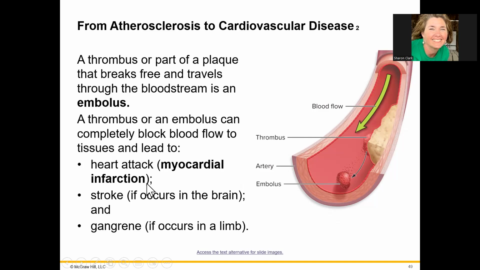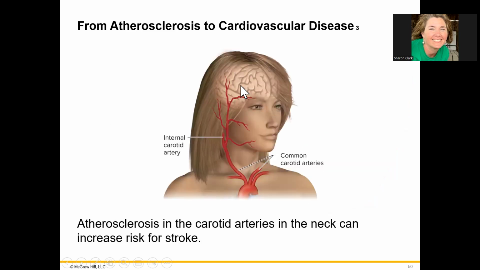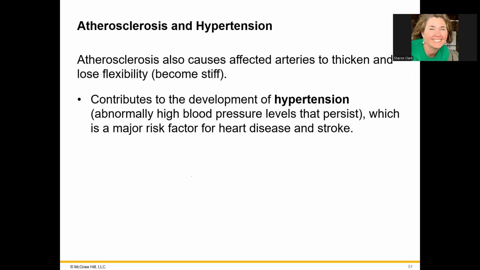This term infarct means death due to blood flow loss. It can occur in the small arteries in the brain, which can lead to a stroke. That's bad news. Nobody wants a heart attack and nobody wants a stroke, but this is what causes them.